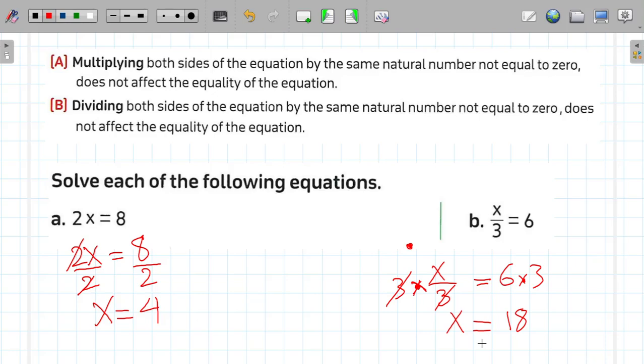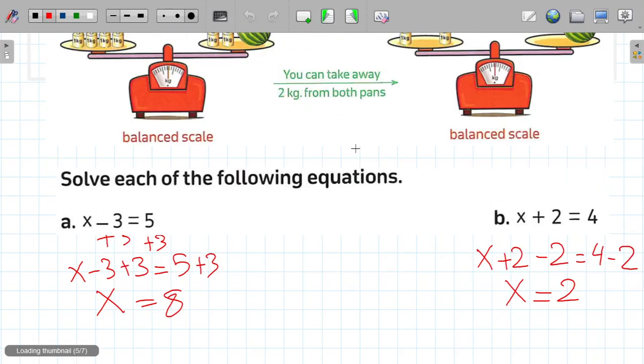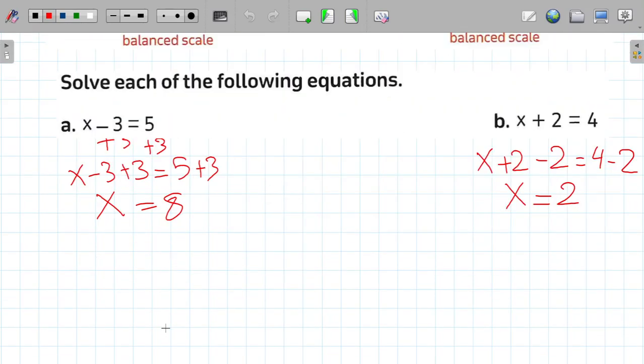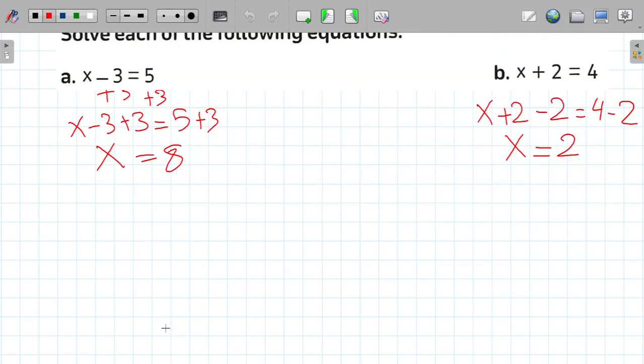Okay, let's return to addition and subtraction. Here I add 3 to both sides to give me the value of x. I have another way to solve the equation.